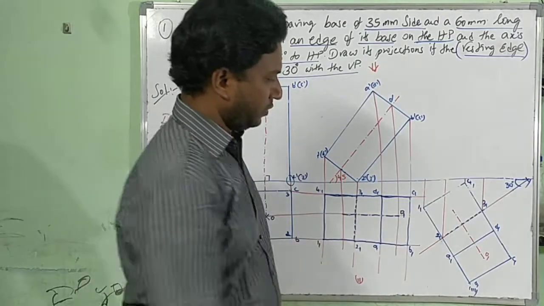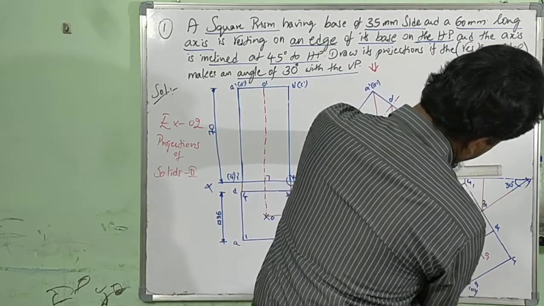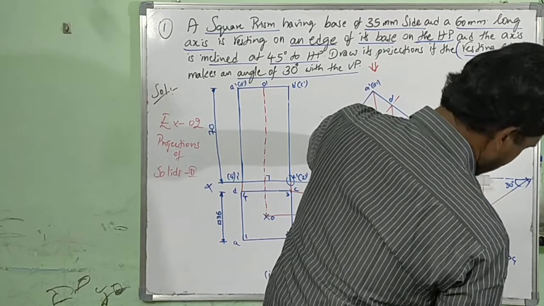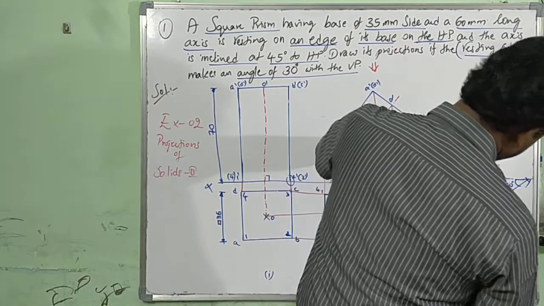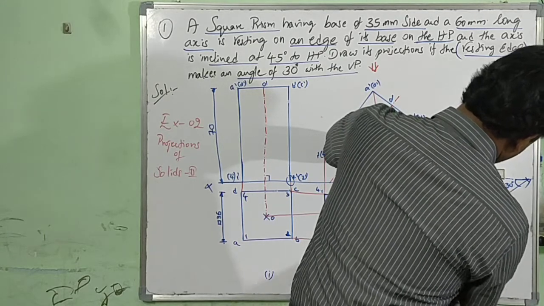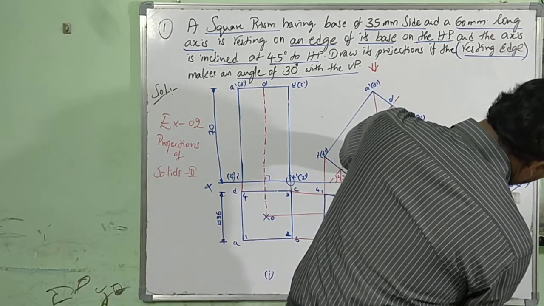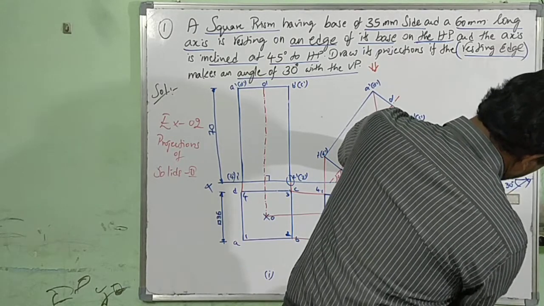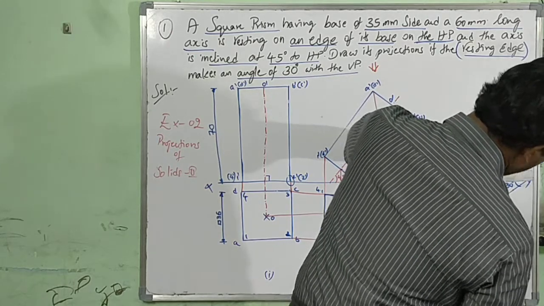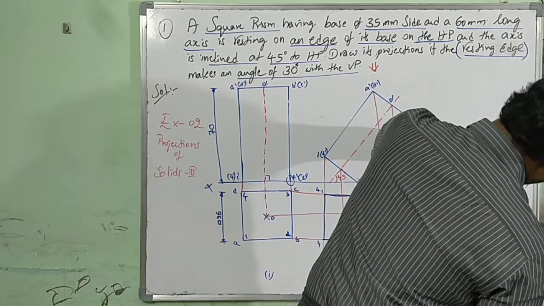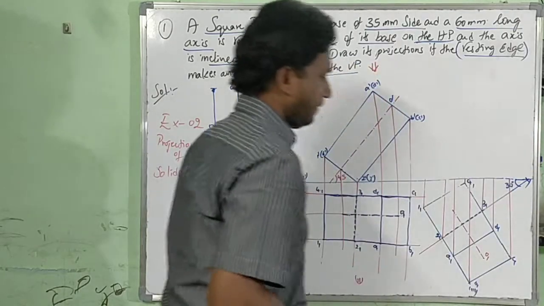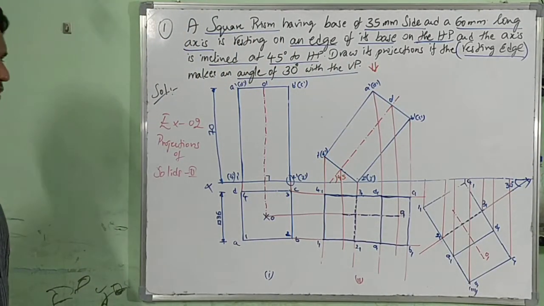1 1, 2 1, 3 1, 4 1. Next is A1, B1, C1. Vertical projectors.